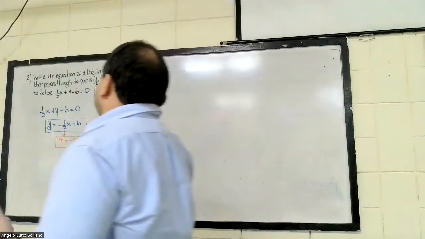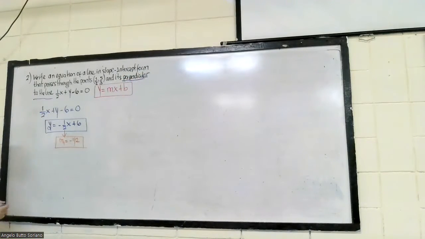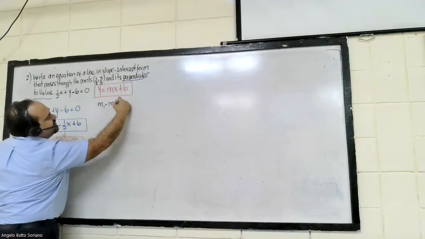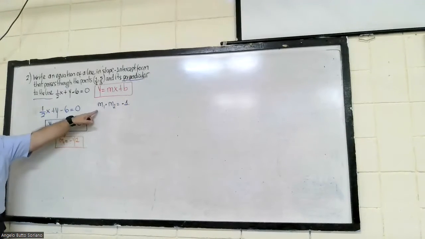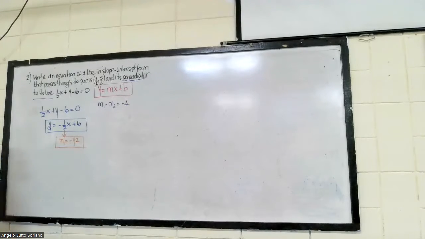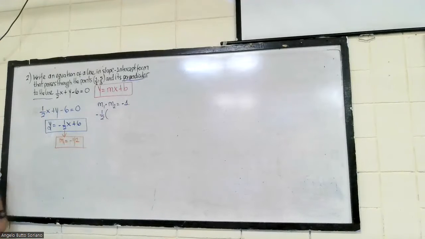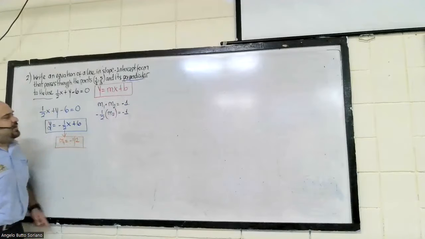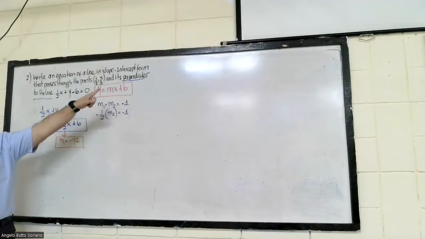And because the problem mentioned that it is perpendicular to the line, remember the product of their slopes gives us negative one. In simple words, m1 times m2 will be equal to -1. We can replace the value for m1, which is -1/2, and m2 is an unknown variable, that will equal -1. -1/2, it's multiplying, so it passes to divide, right?